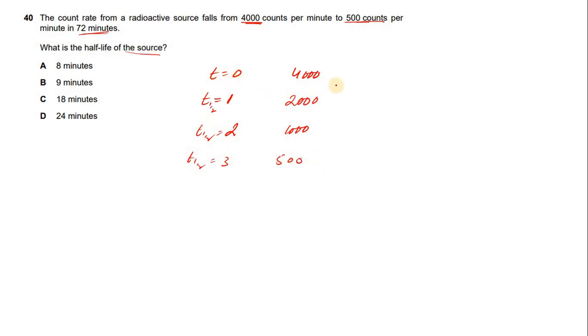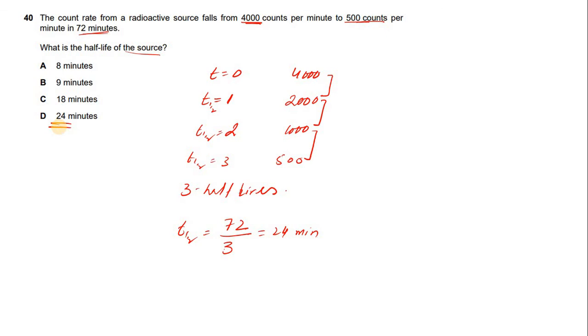So we have 3 half-lives, and 3 half-lives equal 72 minutes. That means 1 half-life, t half, would be equal to 72 divided by 3, which is 24 minutes. So the option is D.